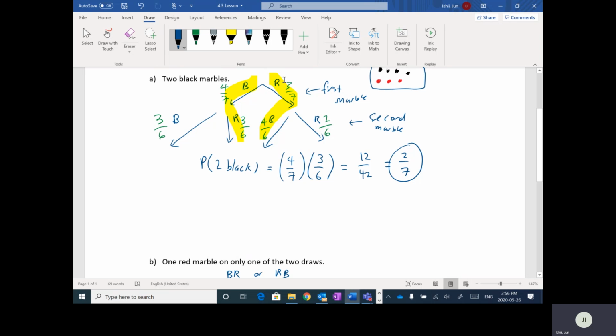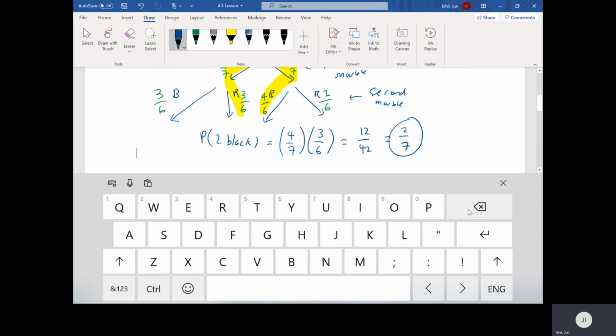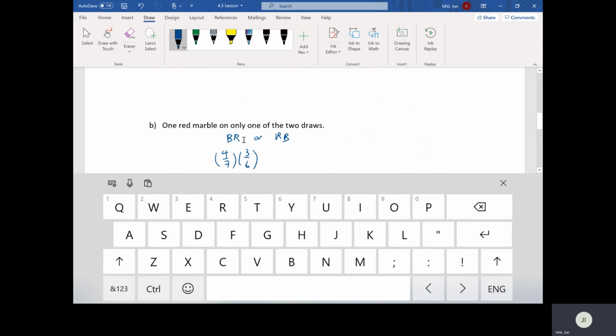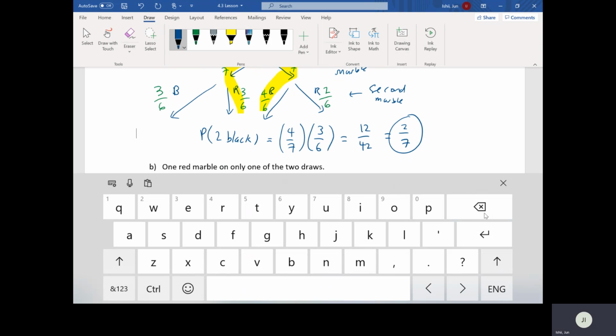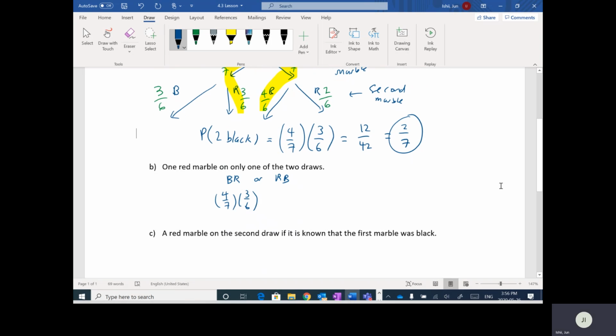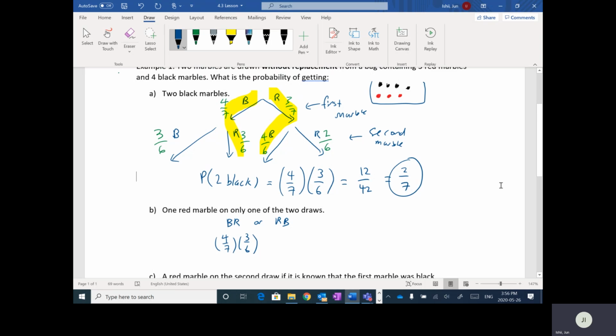Actually, let me play around with this a little bit here, so we don't have to keep scrolling it up. Let me just delete some of this here. Okay, so I want to keep referring to the tree diagram here. Okay, so that's better. Black and then red would be 4 out of 7 times 3 out of 6. Okay, so that's this one.